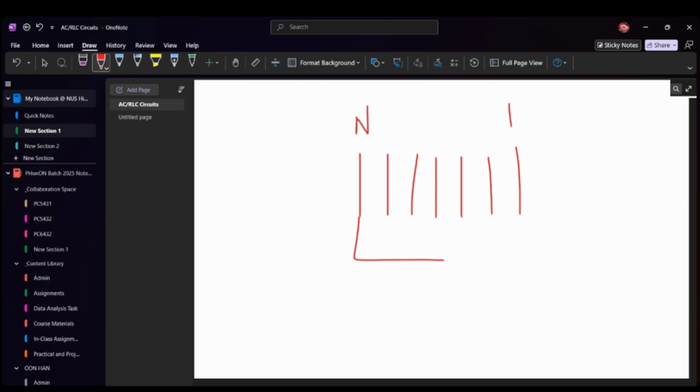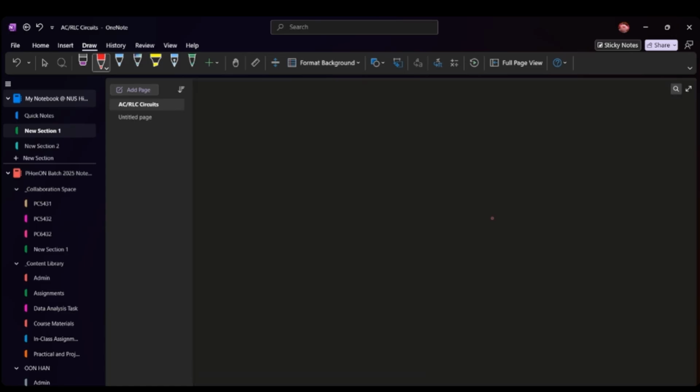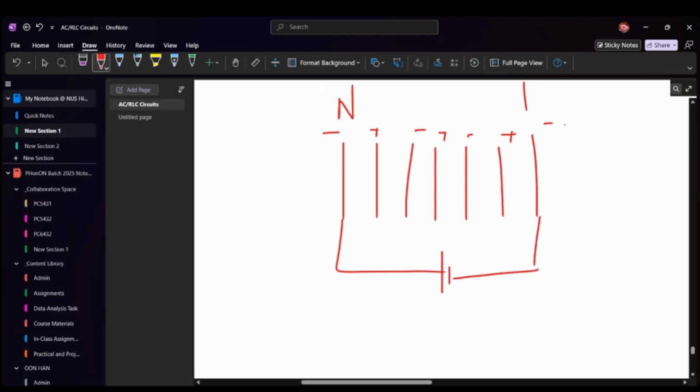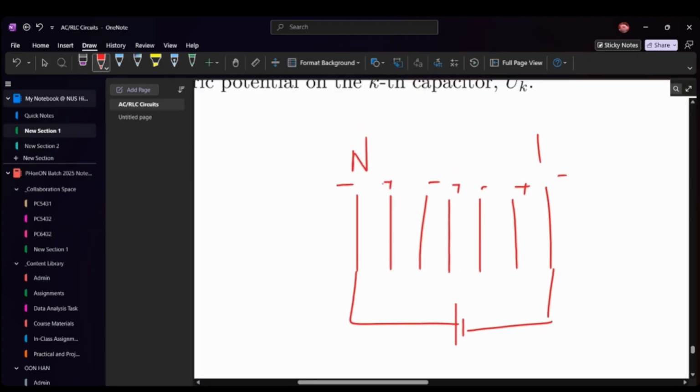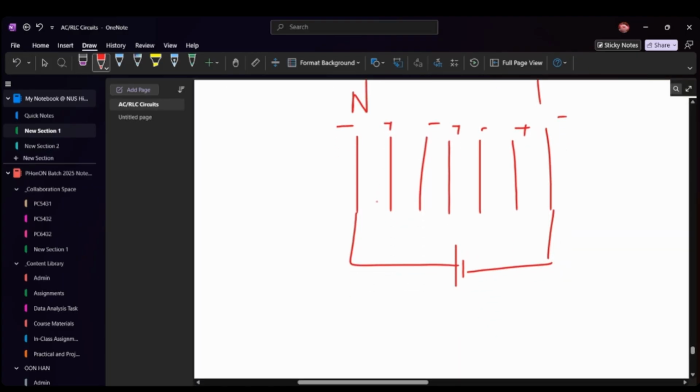When it's connected like this, your source is basically connected across n-1 capacitors in series. If you think about it, it goes minus, positive, minus, positive, and so on. This is basically like n-1 capacitors in series.